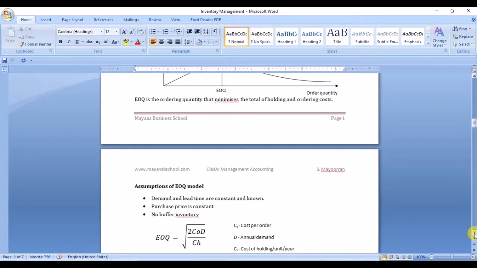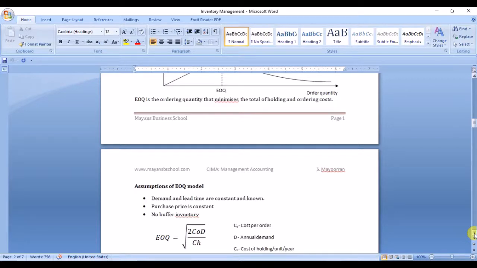Similarly, lead time. What we mean by lead time here is the time taken by the supplier to supply the material. From the day we have placed the order until we receive the material, how long the supplier takes is known as lead time. Why is that important? If the supplier's lead time is uncertain, let's say you are assuming that the supplier will give you the material in 5 days' time.